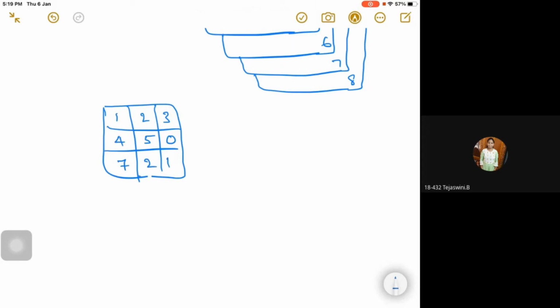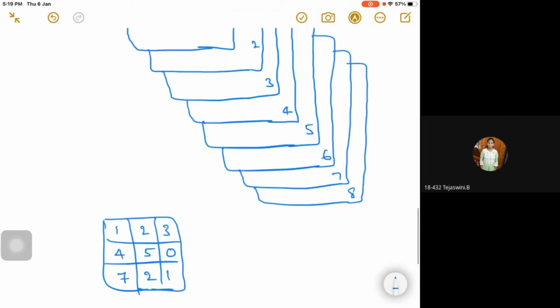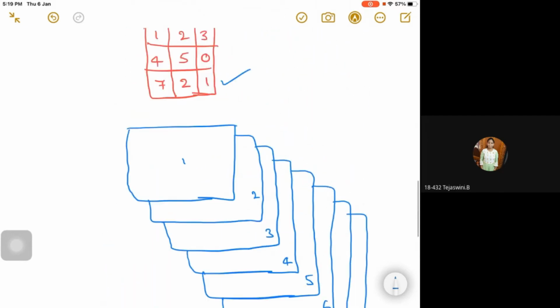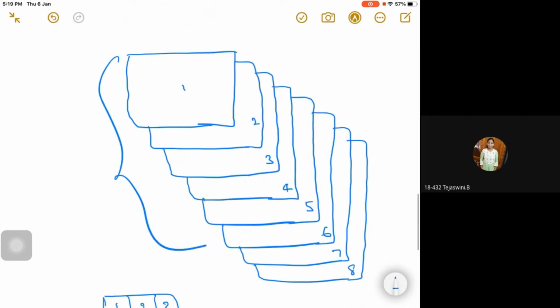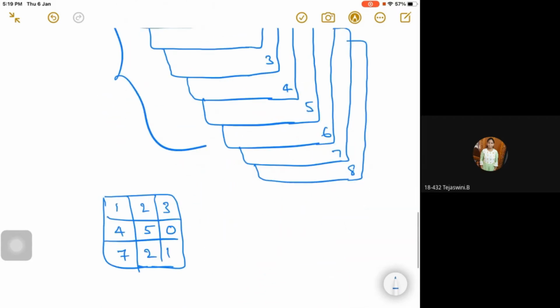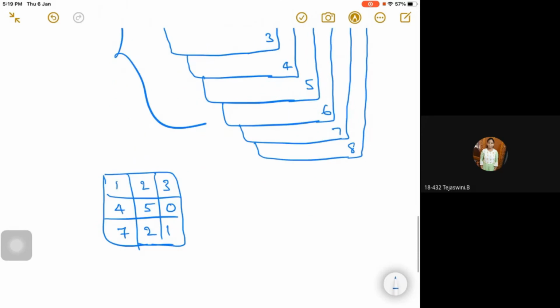Bit plane slicing is a very simple technique. In order to divide this image into various planes, how many bits are required for a 3 by 3 image? Identify the maximum intensity value in the given image.